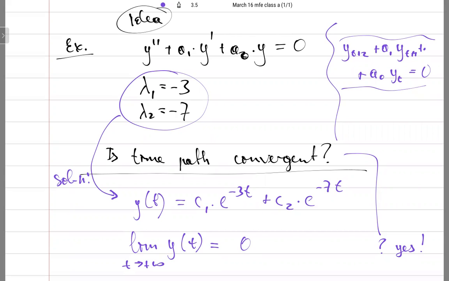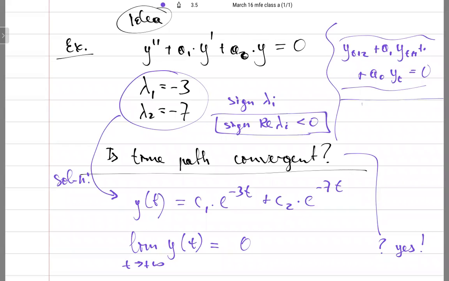If it's positive, or positive real part with a complex part, then there will be no convergence for the general solution. And basically, what we need to check is the sign of lambdas, or to be more precise, the sign of the real part of lambdas should be negative. This is the criterion. Negative lambdas or negative real part of lambdas.